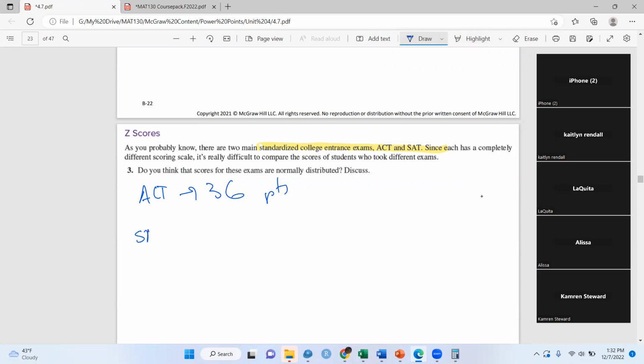And the SAT, this is like back when I took it, is out of like 3,200 points or something like that. Like that's the scaling system on them. I don't quite know, right? So the author asks a great question. Do we think they're normally distributed?